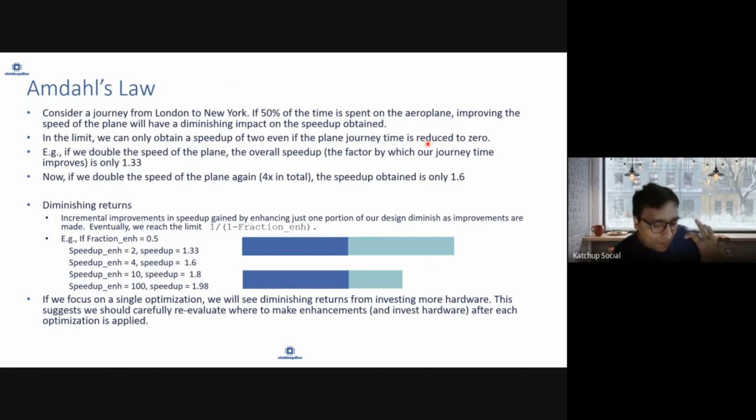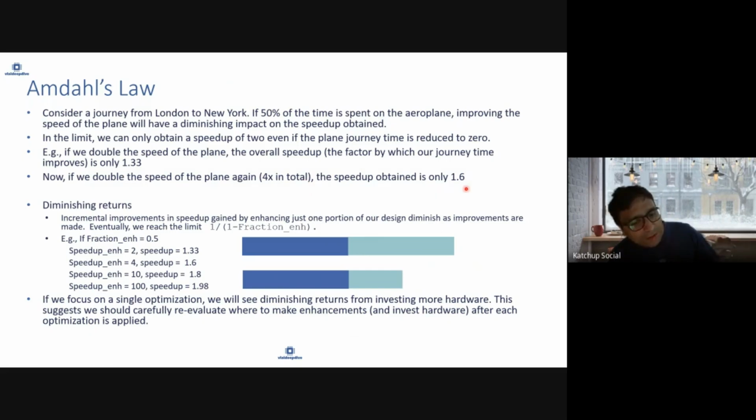So if we double the speed of the plane, the overall speed factor by which our journey time improves is 1.33. This is calculated by Amdahl's law. Since the plane is only 50% of the time consumed in your overall journey, the overall improvement is only 1.33. If we go to 4x, the speed up obtained is only 1.6.